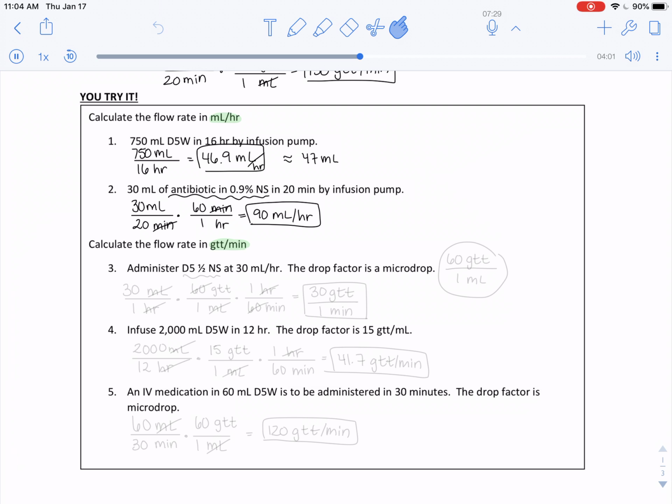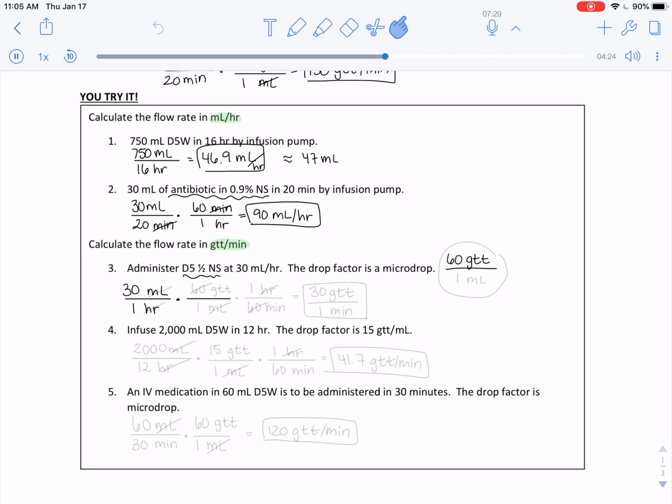So this first one, number 3, is administering this medicine in 30 milliliters per hour with a drop factor of a micro drop, which is 60 drops per milliliter.